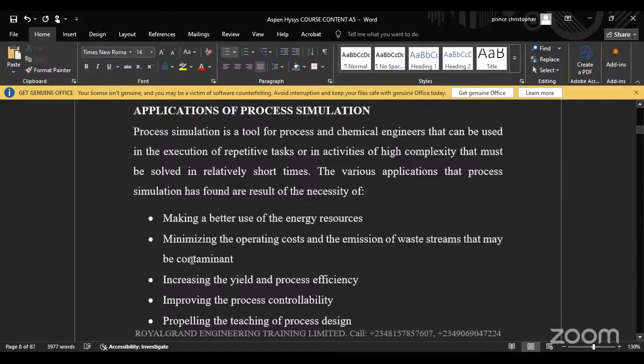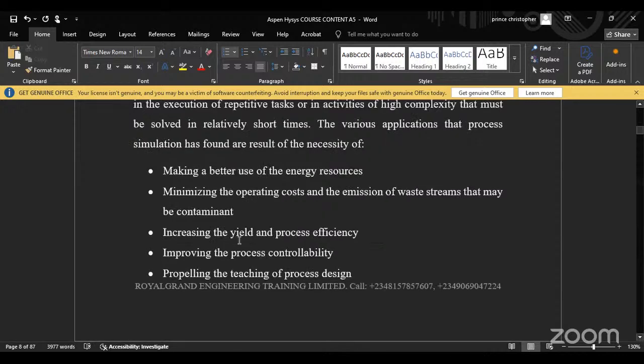Now you also ask yourself, with the increase in the pressure, how did it affect our system? Are we spending more money? Because another thing you're looking at is also getting profit.